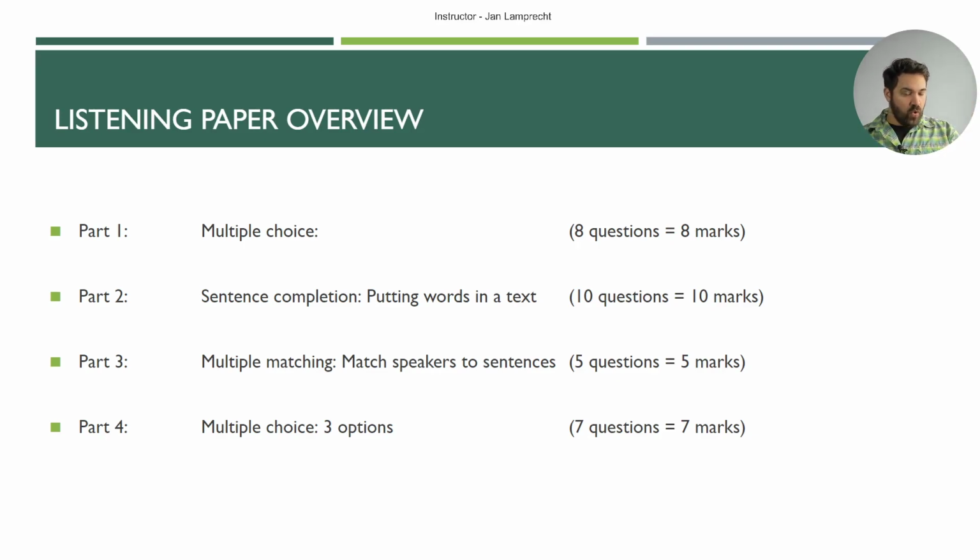You get 1 mark for every correct question. Total 5 marks for part 3. And then part 4, which is the last part of the listening, is multiple choice. You get 3 options. There are 7 questions, 7 marks, 1 mark for every correct question.